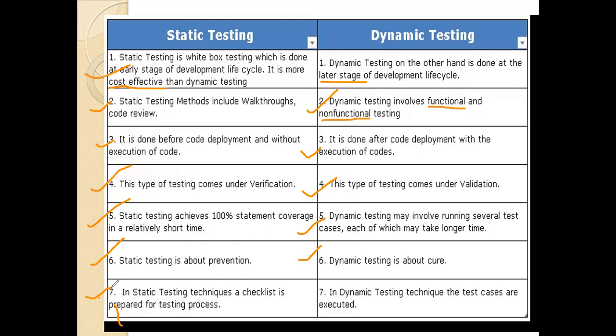So that type of checklist will be there with you. And in case of dynamic testing, the test cases are executed. As per this checklist, you can also create different test cases, and those could be executed under the dynamic testing. So this is the difference between static testing and dynamic testing.